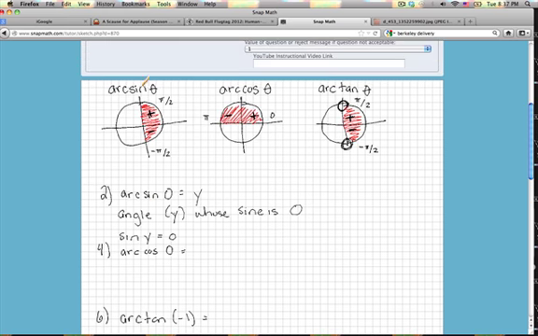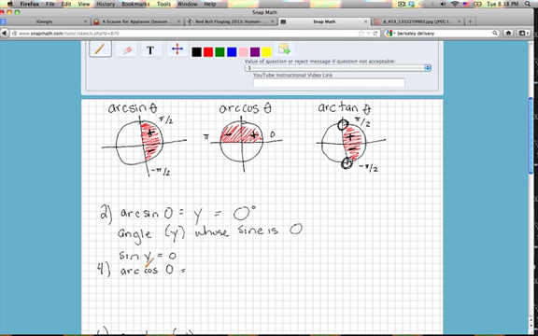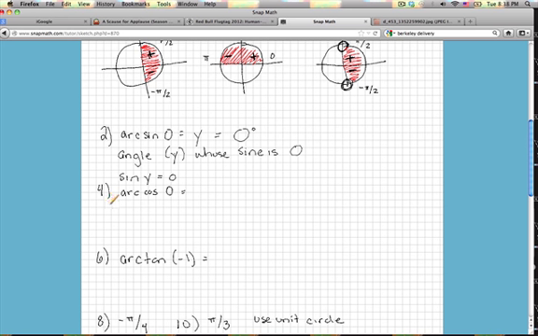So what we're going to do is go up to our picture for arc sine, and look at the place that's highlighted here in red, whose sine is 0. The only place whose sine is 0 highlighted in this picture is actually the angle 0. So the arc sine of 0 is actually 0, or 0 degrees. It's an angle.